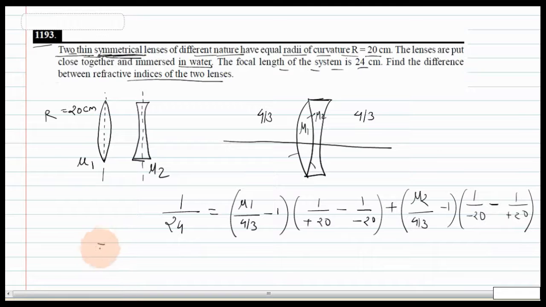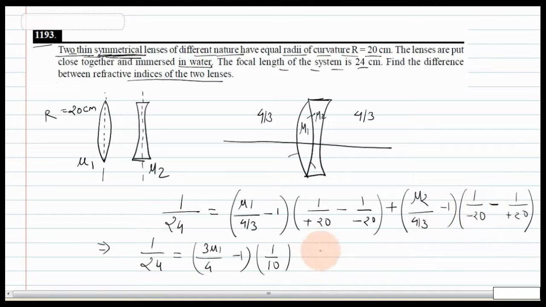So let us solve this expression to get the difference of mu. 1 by 24 will be equal to mu1 by 4/3, that is 3 mu1 by 4, minus 1, multiplied with this expression of r. This minus sign will become positive, and 1 by 20 plus 1 by 20 will be 2 by 20, or 1 by 10. Similarly, you can solve it here.